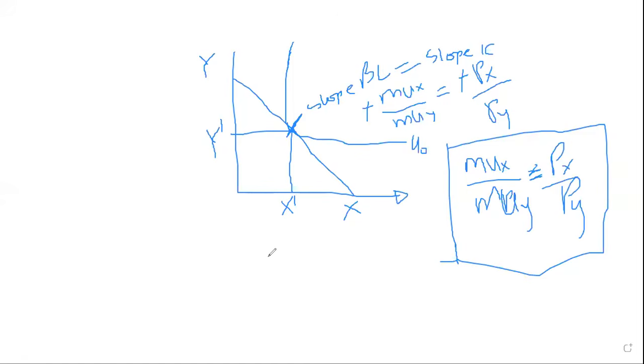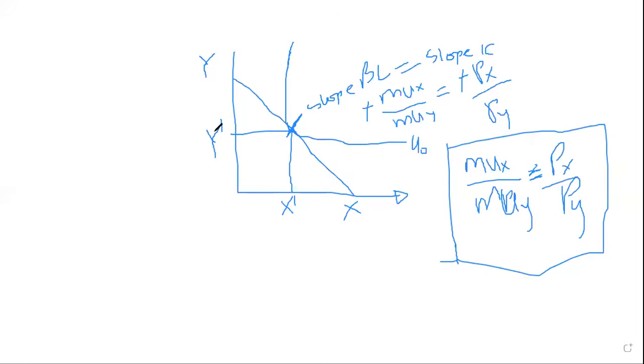Now, in our next meeting, we will derive these bundles, the quantity of X and the quantity of Y, mathematically. I'm not going to introduce that today, but it will be done in our next meeting, where we will specify a utility function and also have a budget constraint.